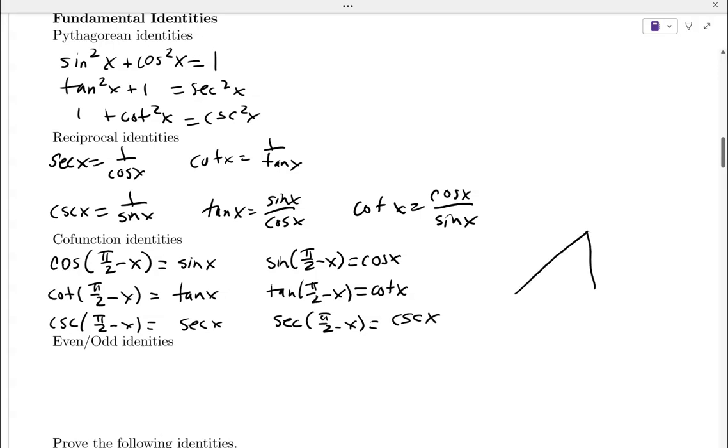You don't have to draw this triangle. I just want to remind you why this is true. If I have a right triangle and this angle is the right angle, if this is x, then up here is what? Let's measure this angle up here.